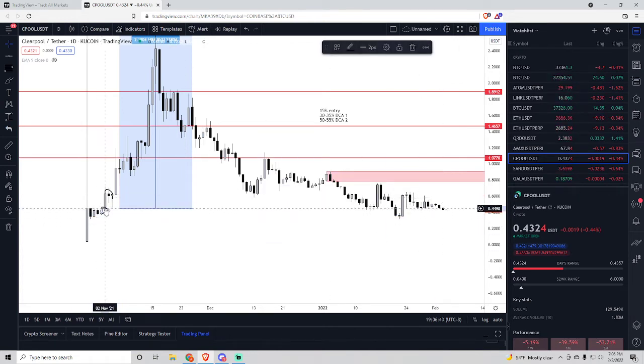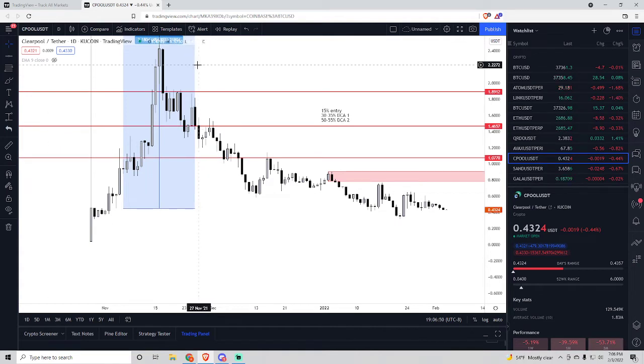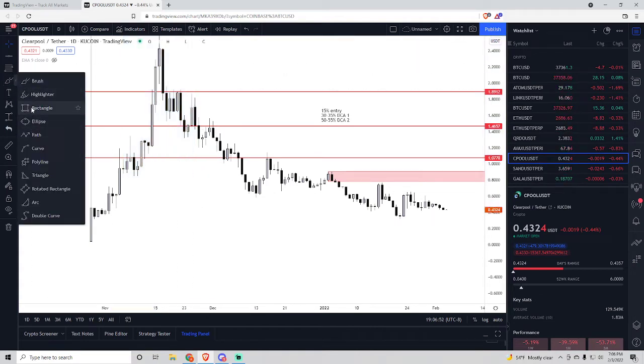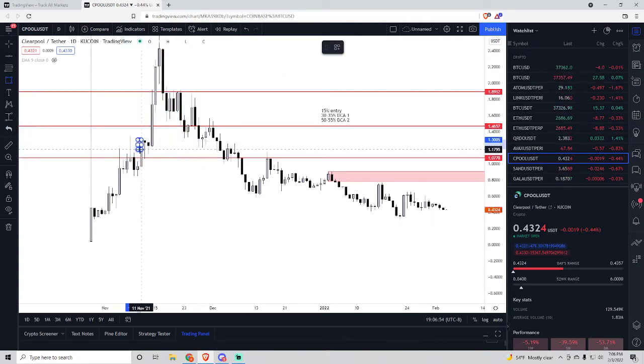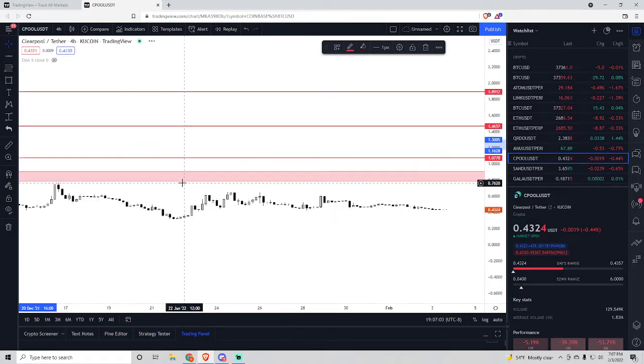Now, another demand zone here, right? You can use this one. Now, this is a much more prominent demand zone on a lower time frame.